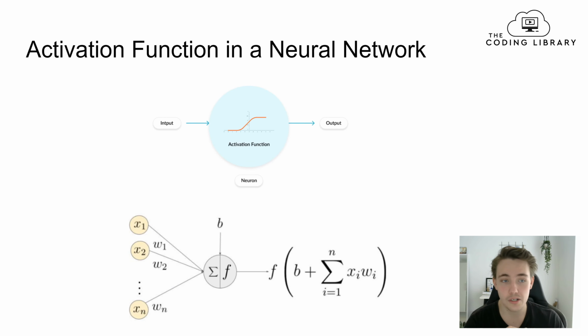So now we're going to talk about activation functions in neural networks. We already know that we have an activation function for each neuron in our neural network. We have some input that comes from all the previous nodes. If you have a fully connected layer or a dense layer, we have the sum of all the previous neurons, which get multiplied with the weight of that connection, and those values are all added together.